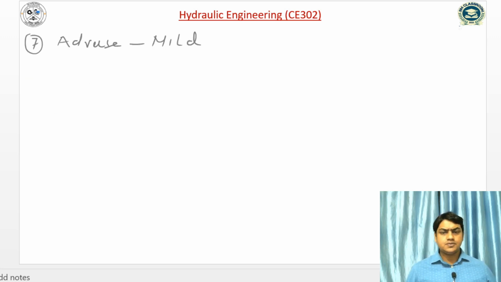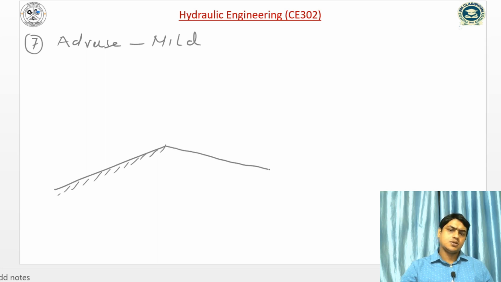So if I draw the adverse to mild slope, the adverse slope has a negative slope. So let us assume this is the adverse slope. It has a negative value of slope, and this is the mild slope. And this is the break in grade line. The slope is called adverse. And this is mild.